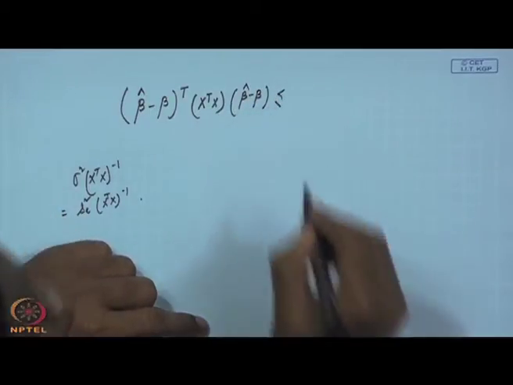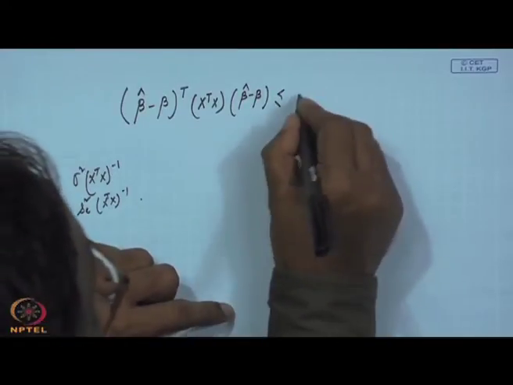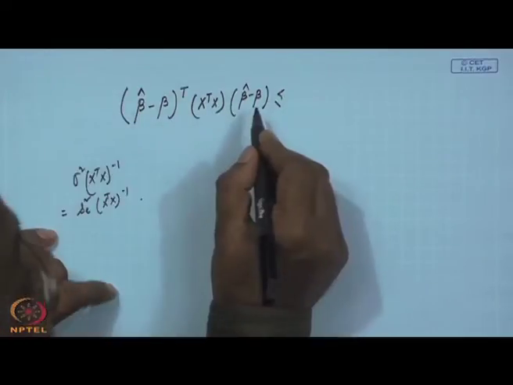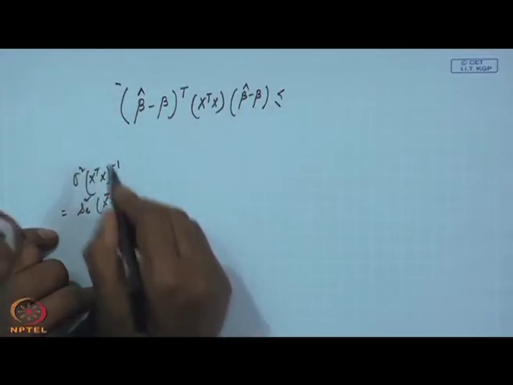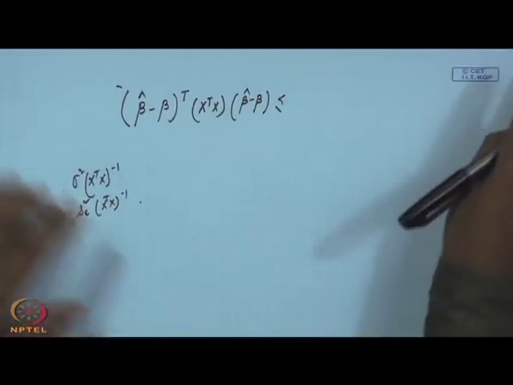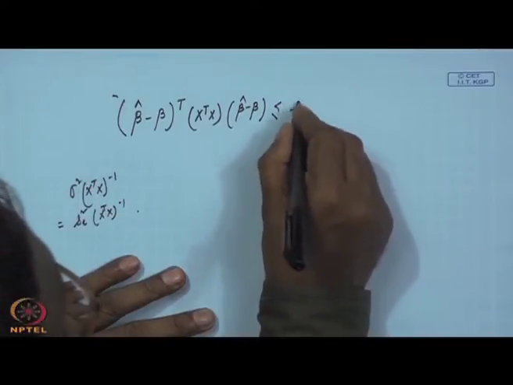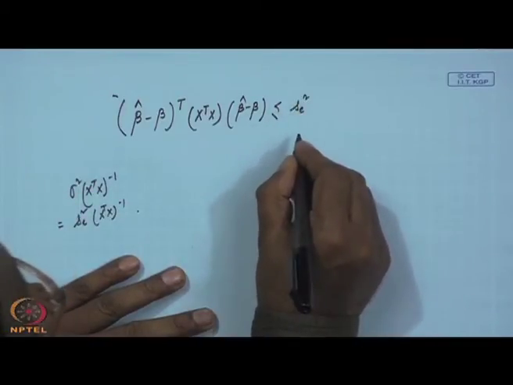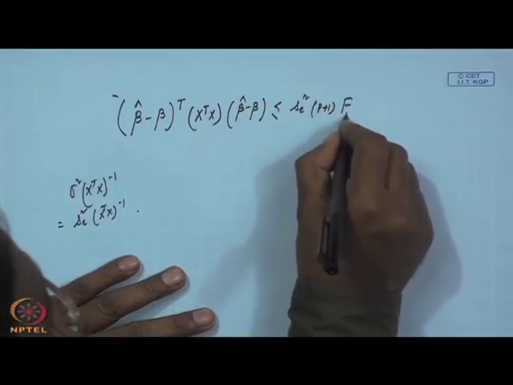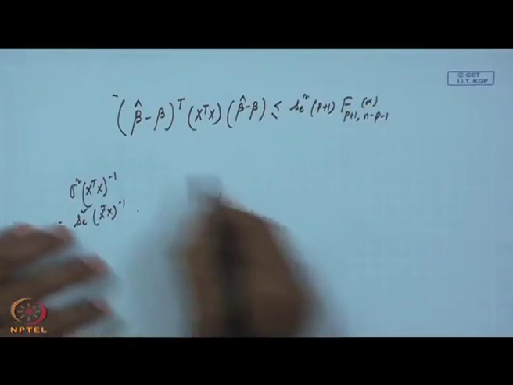What distribution it will follow, that is important. That also follows here, with S square coming in. Again, I am telling you it is not a derivation; people may derive it in some different way, but this is the way we will understand it for our application. So, this is S square times p plus 1 times F with p plus 1 and n minus p minus 1, alpha.